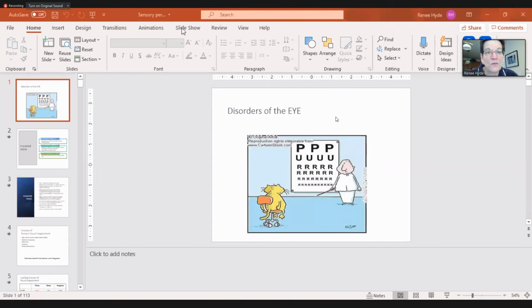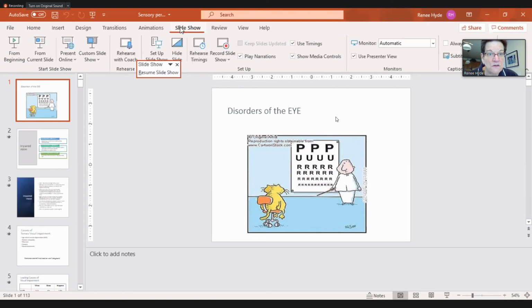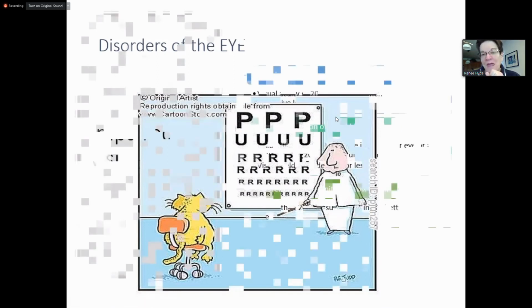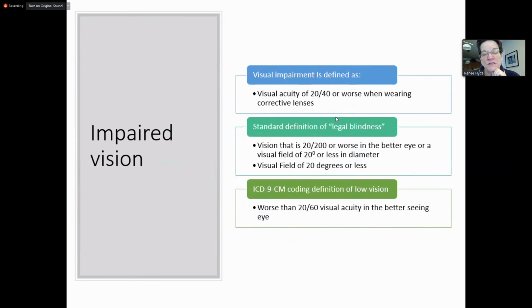What you're going to see here are some of the eye and ear disorders. We're going to talk about some of the syndromes that you may see with some of your patients.